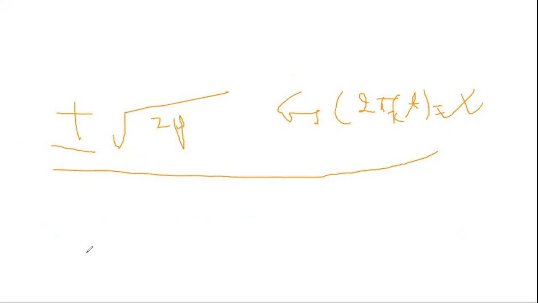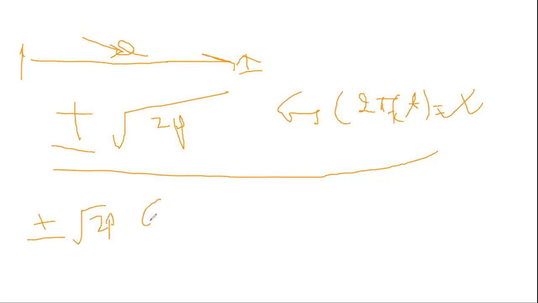Now in the receiver, the signal is coming from a long distance. It covers a long distance, so there may be some sort of phase shift, some error may occur. That's why the incoming signal at the receiver may be plus minus root 2P cos of 2 pi fct with some sort of phase, maybe theta.